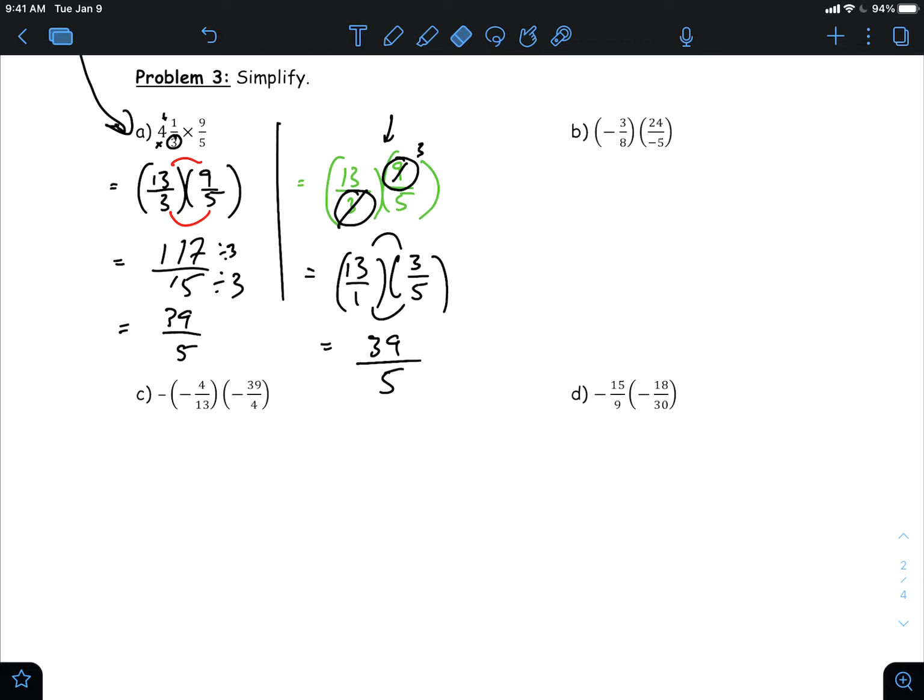Okay? So why don't we apply that approach to the next question here? Because right off the bat, it looks like, does 8 go into 24? How many times does 8 go into 24?